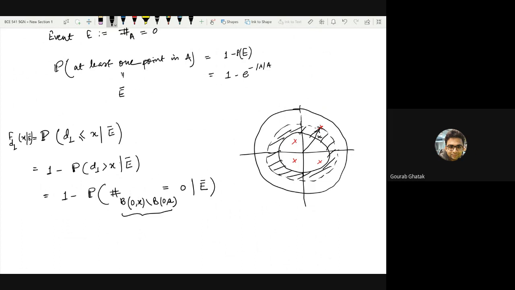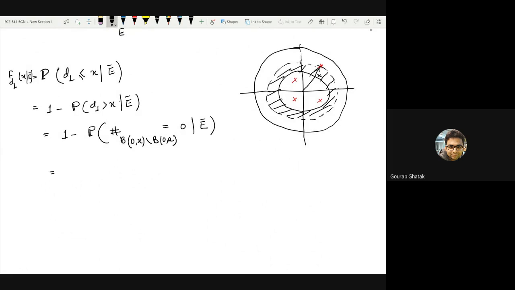Yeah, given that there is at least one point located inside of this a to b. Yeah. Now from here on, the probability is straightforward. It's similar to what you have already done. The probability that no points are inside of a certain region is simply e to the power minus lambda times pi times x square minus a square.